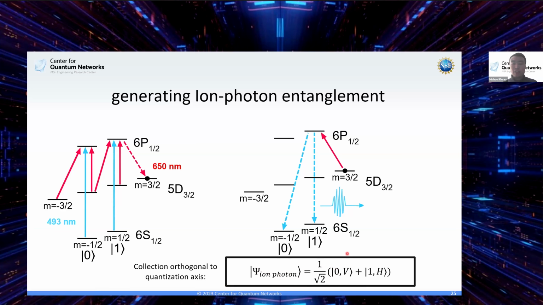So that's how we generate the 493 entangled photon. The spin of the ion is entangled with the polarization of the photon.